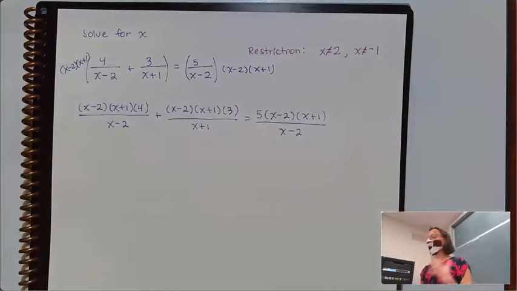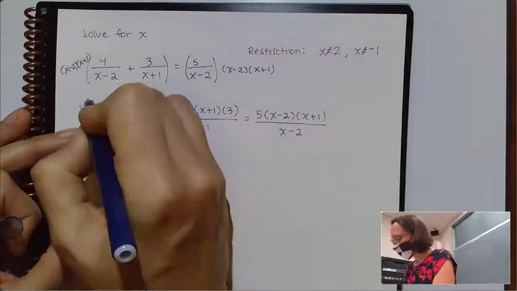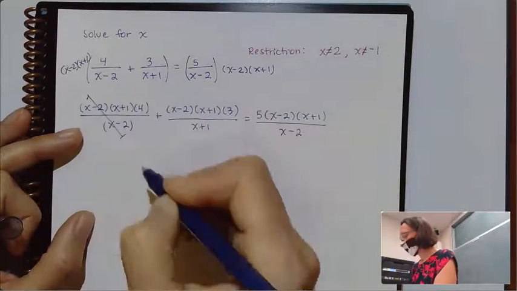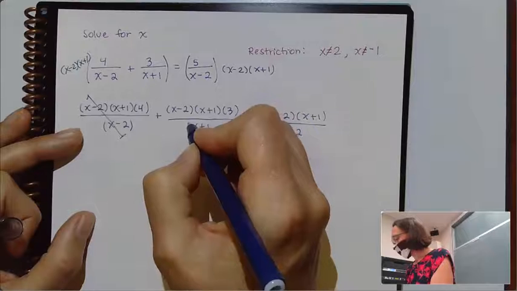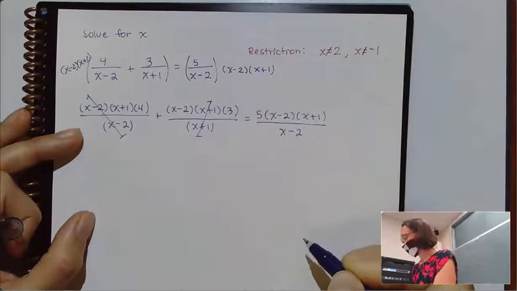Now, it doesn't look like we got rid of the fractions yet, but that's because I haven't found my multiplications by 1. Well, on the first part, x minus 2 over x minus 2, that's a 1. On the second piece, x plus 1 over x plus 1, that's another 1.